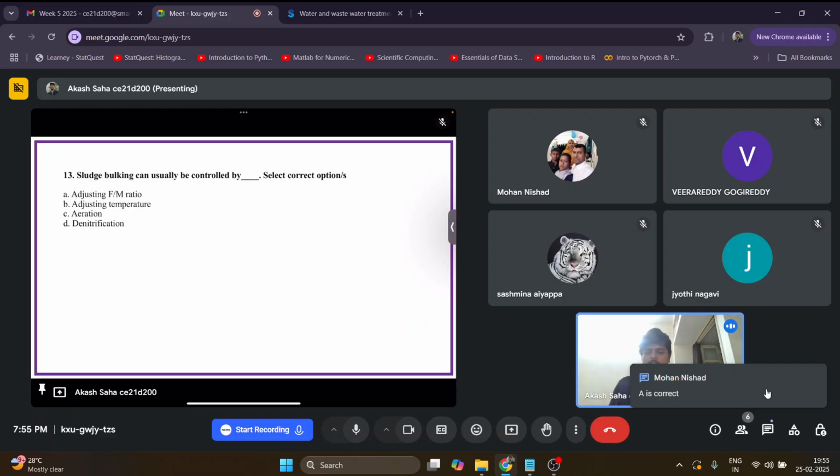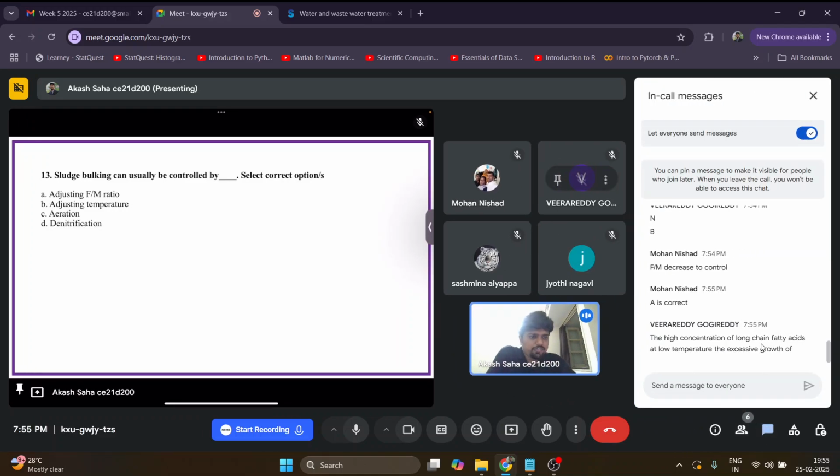Since two of you joined a little late when we were discussing the first problem, it was a similar question. If long chain compounds are there, many times the microbes can get stuck to them, and temperature will help decrease the viscosity and increase the kinetic energy. That is also true, but that is not the usual way we try to control sludge bulking.